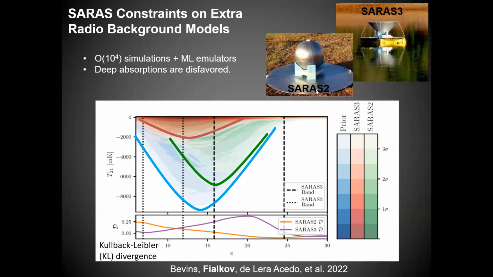So we see that both red and green are different from blue, and it means that there is information that we already now learn from these experiments about very early times. These are redshifts around 20, which correspond to just 500 million years in cosmic history.